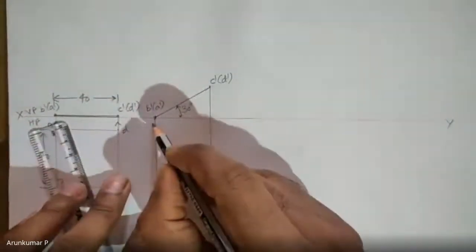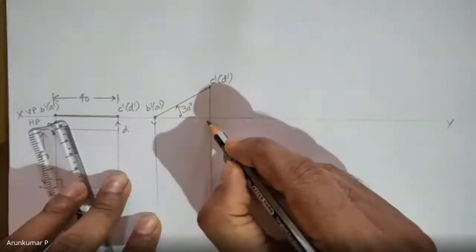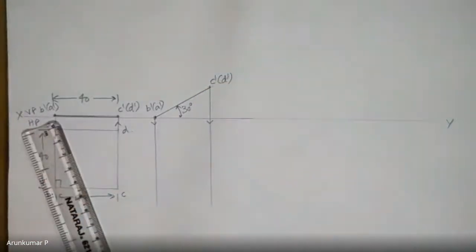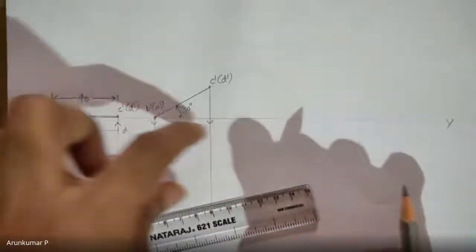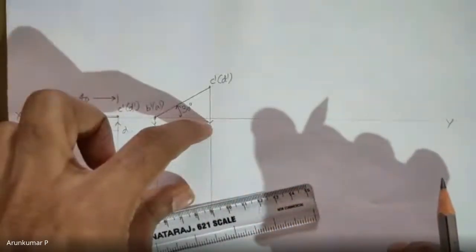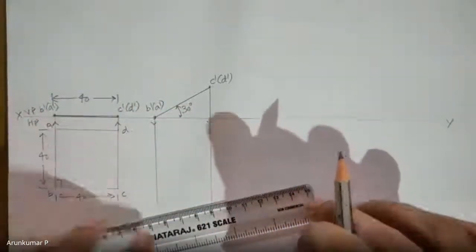So two projection lines from the front view onto HP, and the top view you are going to project. So A and D, one projection.